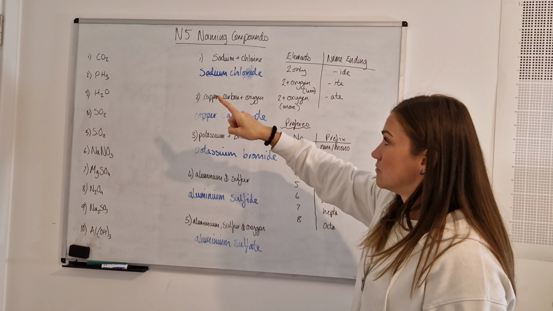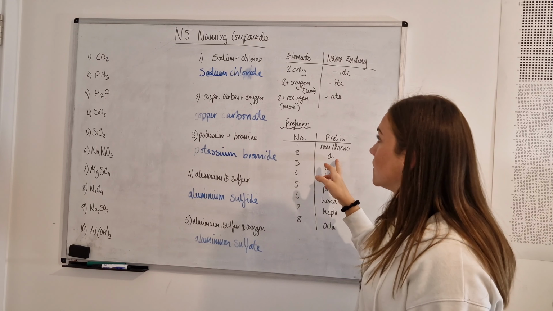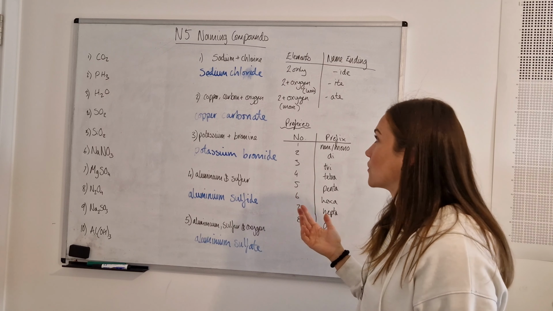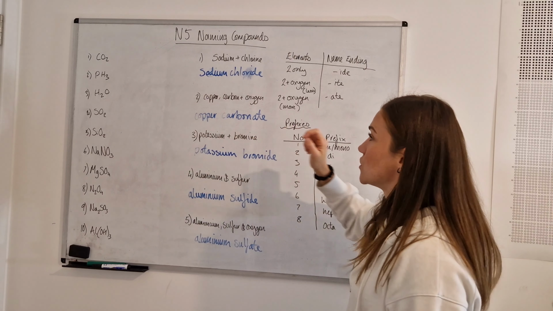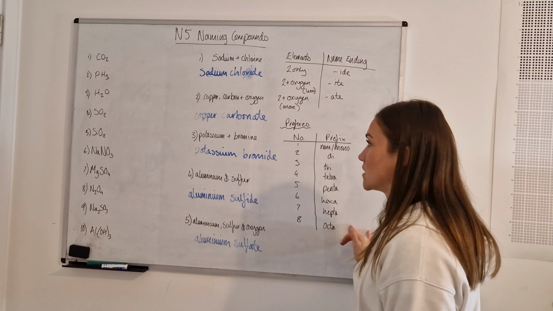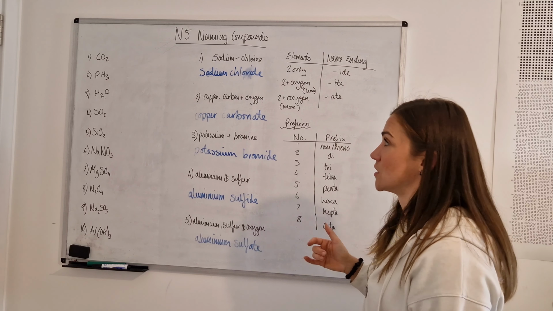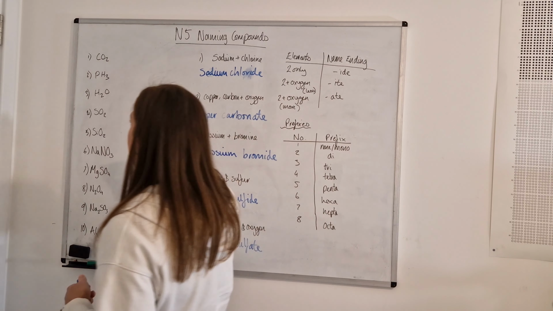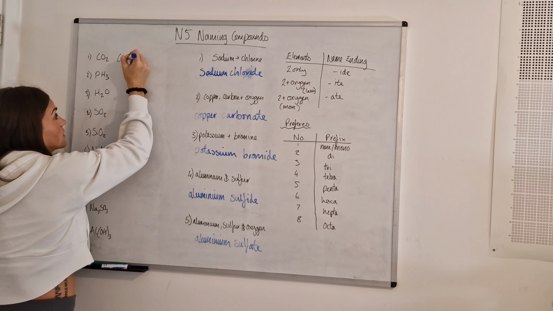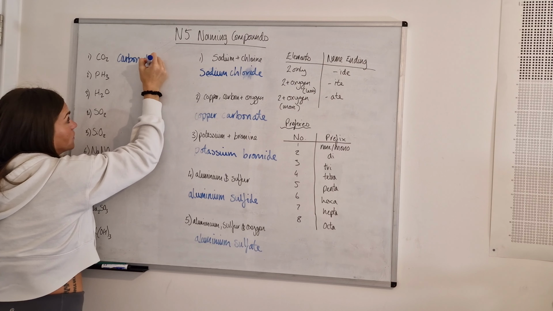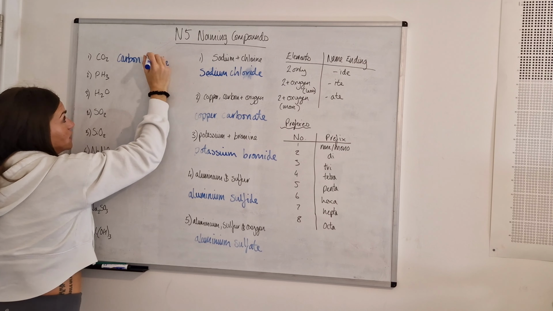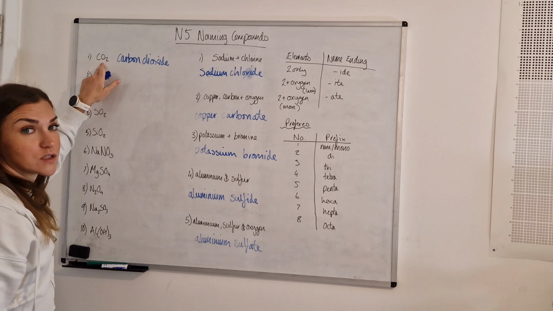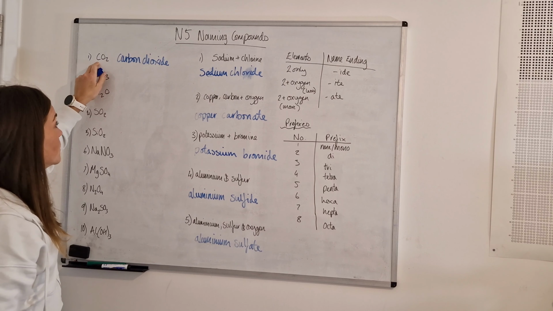We've got carbon as a C, and then oxygen, so it could be called carbon oxide, but because we know there's two oxygens, we can put in a prefix to tell the person that there's two oxygens. So this compound is called carbon dioxide, which I'm sure you've all heard of plenty of times before.